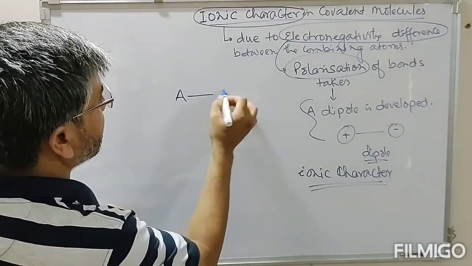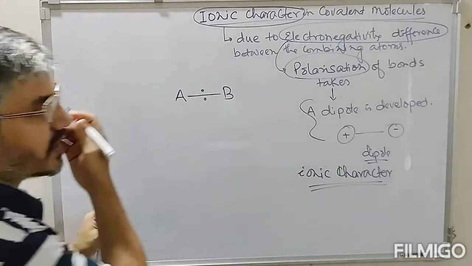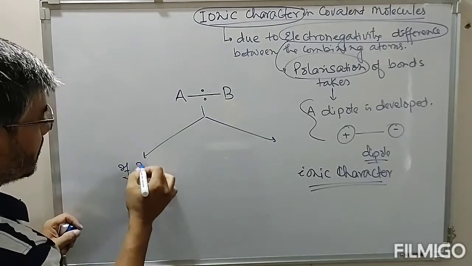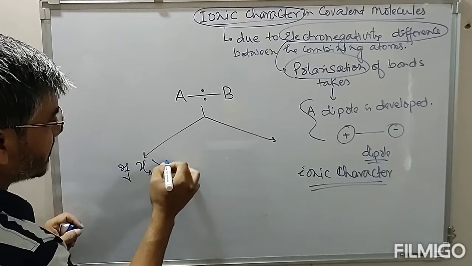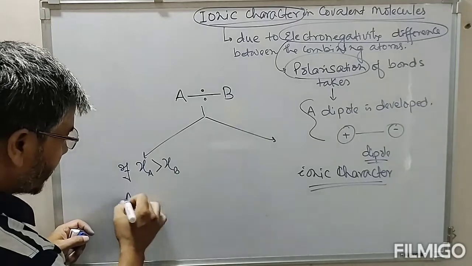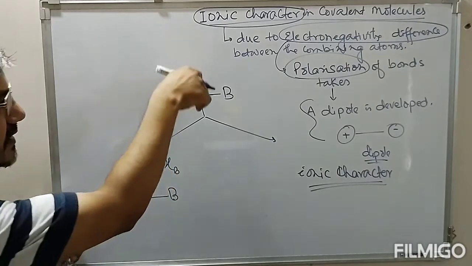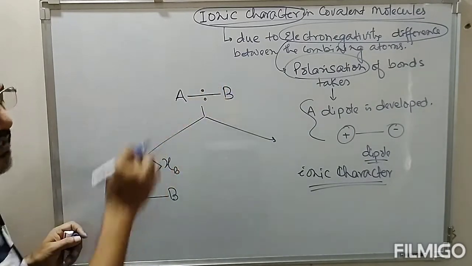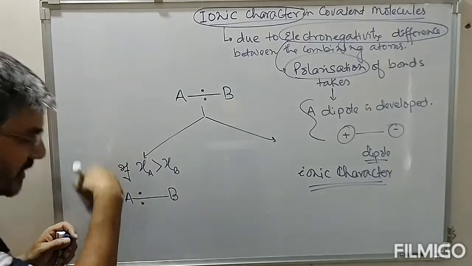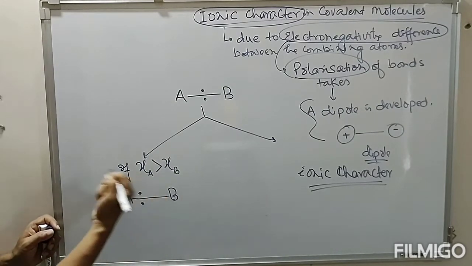So suppose, look at this, we have this A and B. So we have the shared pair of electron between this A and B. So we can have two cases here. If the electronegativity of A is greater than the electronegativity of B, then these shared pair of electrons, which was supposed to be placed exactly in the middle of this AB bond, is more shifted towards the A. This is not completely taken up by A, but this is more towards the A, because this A has strong withdrawing tendency.